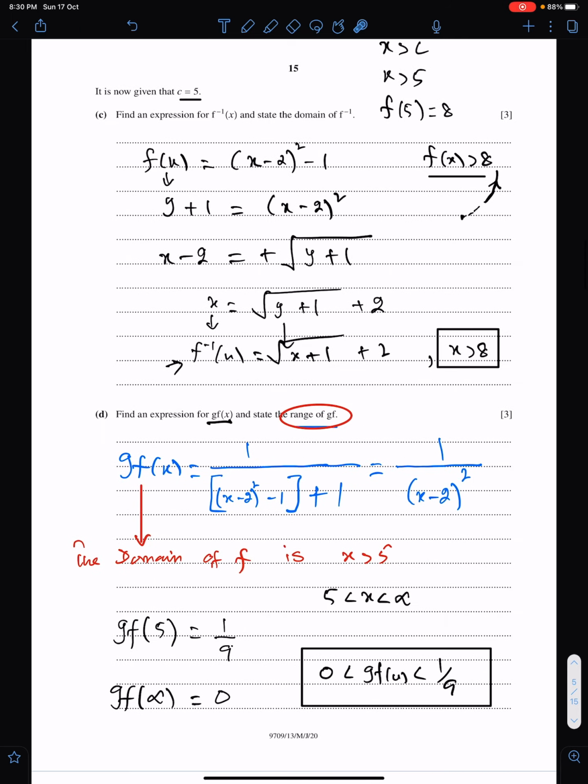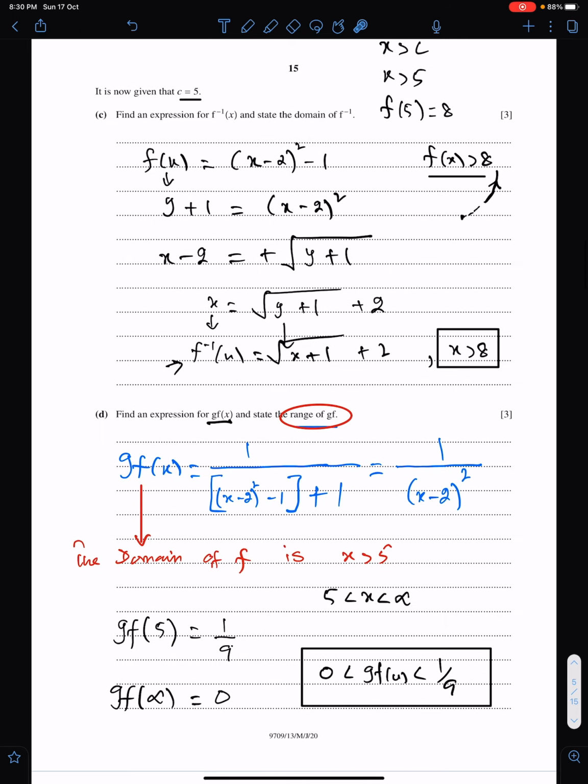Next, this is the final solution of question 9. See, this is the expressed form, completed the square form. This is the value of c. This is the sketch. And this is the expression of f inverse. You have to take the plus sign here. This is the range of f, and this will become the domain of f inverse.